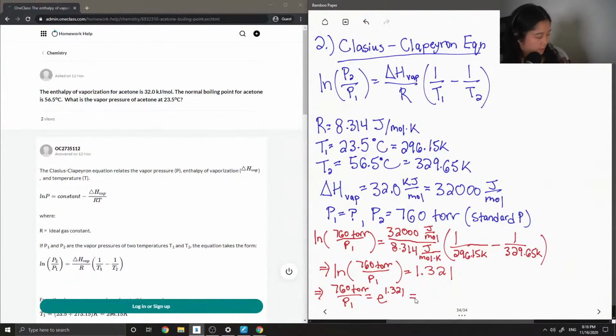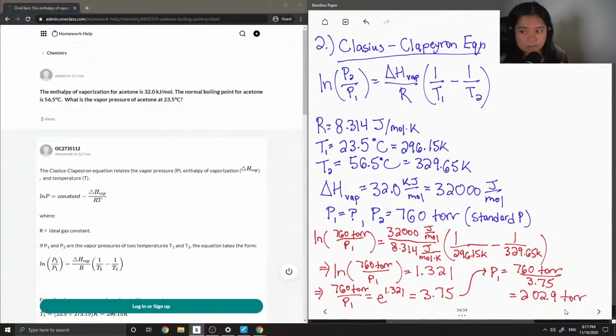So if you were to solve for that, it is 3.75. Then I'll write P1 is equal to 760 torr divided by 3.75, and this gives us a pressure of 202.9 torr.